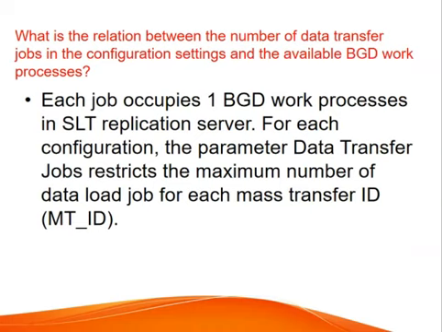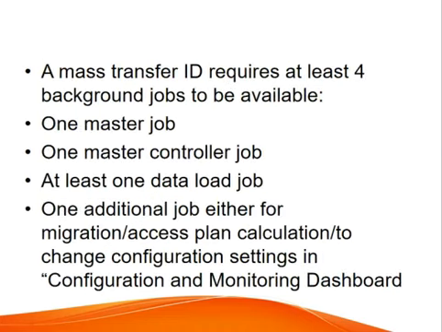What is the relation between the number of data transfer jobs in the configuration settings and the available BGD work processes? Answer. Each job occupies one BGD work process in SLT replication server. For each configuration, the parameter data transfer jobs restricts the maximum number of data load jobs for each mass transfer ID, MT_ID.